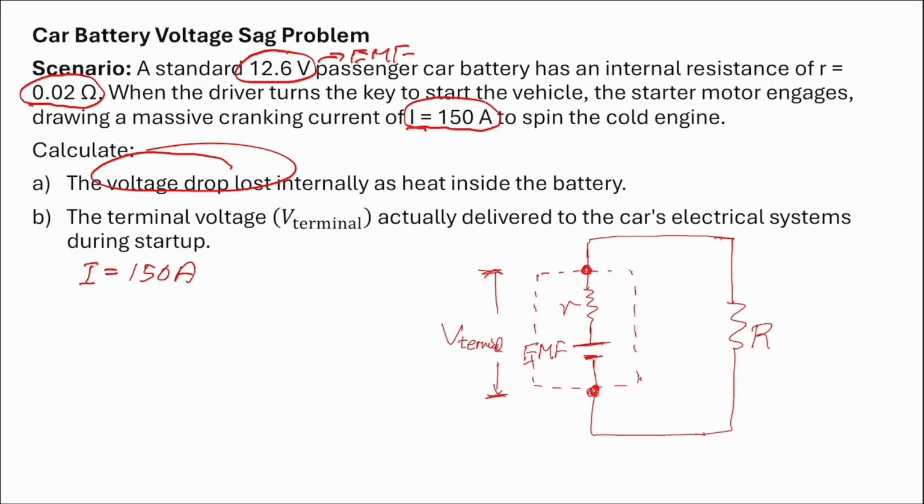Part 1 asks what is the voltage drop internally, as heat, inside the battery. It means the voltage drop across the internal resistance.